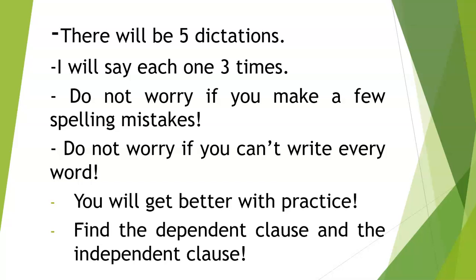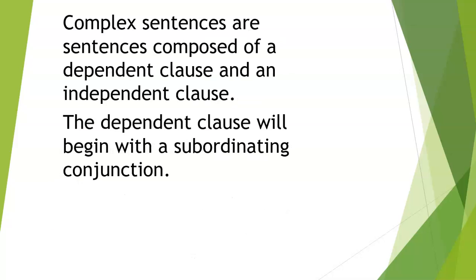Now, after you write your complex sentence dictations, you are going to find the dependent clause and the independent clause. Remember, complex sentences are sentences composed of a dependent clause and an independent clause.